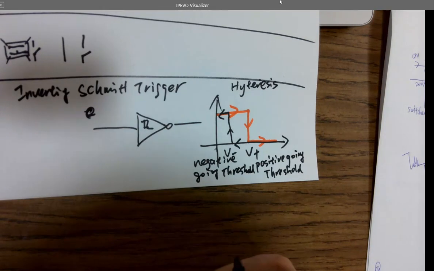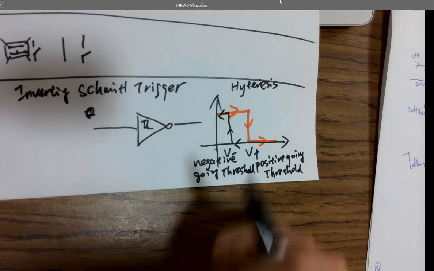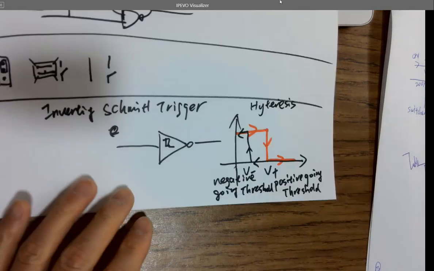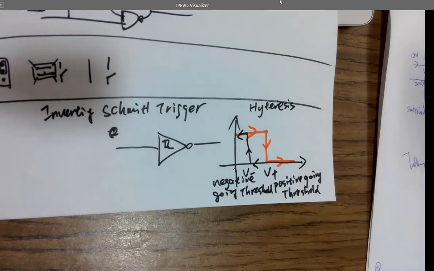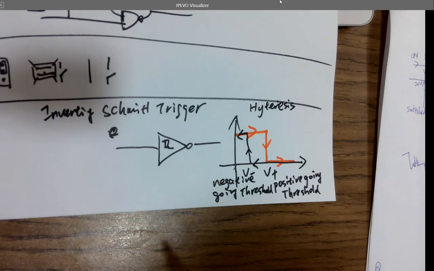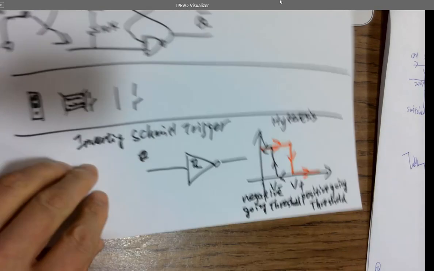Could you think about any applications for this type of behavior? I mean, just in general, it's not just for this type of IC. Have you seen anything behave in a similar way in your real life? So if I draw a diagram, it's a really interesting thing to know, very practical.